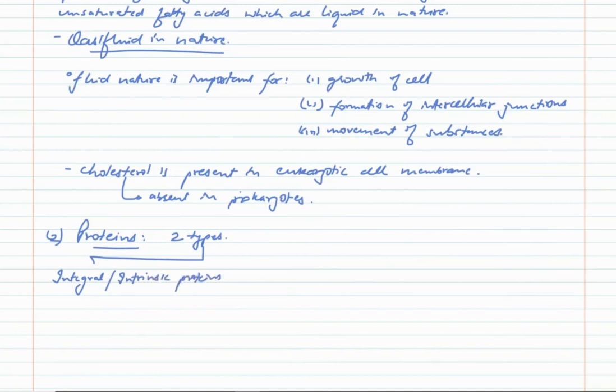The other are known as peripheral or extrinsic proteins. These are classified on the basis of ease of extraction.